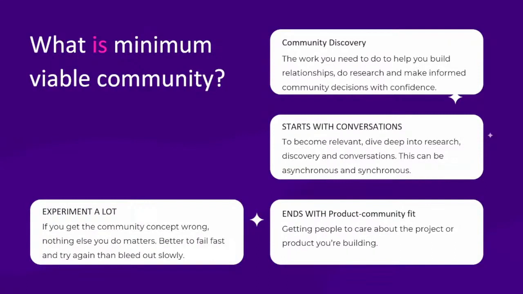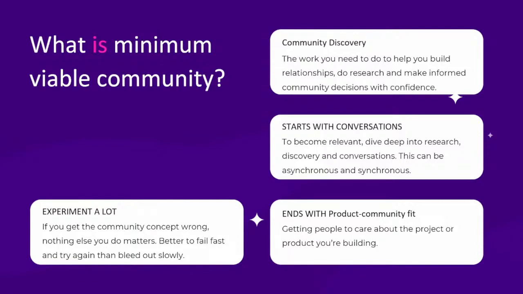So what is minimum viable community? Well, the header that we put on all of this is experimentation and iteration, because community builders have a problem, which is that you have a limited amount of resources and you can't get it right in one swing. You can't create a blueprint and then just will a community into being. You have to talk to people, which is what Ben is always telling me.